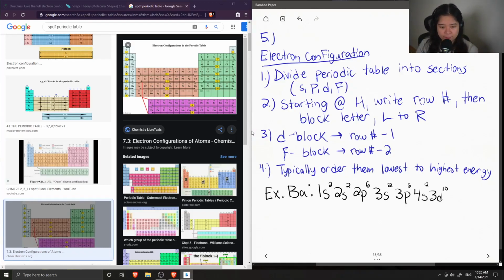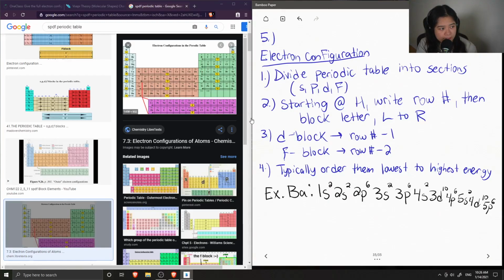3d10. I don't even know if I can fit them all in this line. 4p6, 5s2, 4d10, and then 5p6. So barium is here.